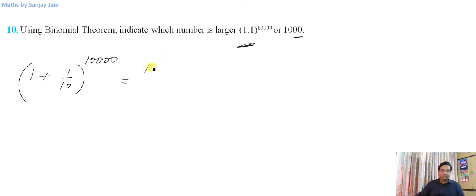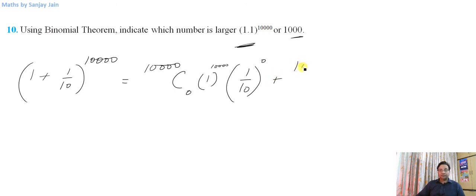Let us see here. So the first term will be 10,000 C0, 1 by 10 raised to power 0, 1 raised to power 10,000, right, plus 10,000 C1, 1 by 10 raised to power 1, because 1 raised to any power will anyway give you 1.